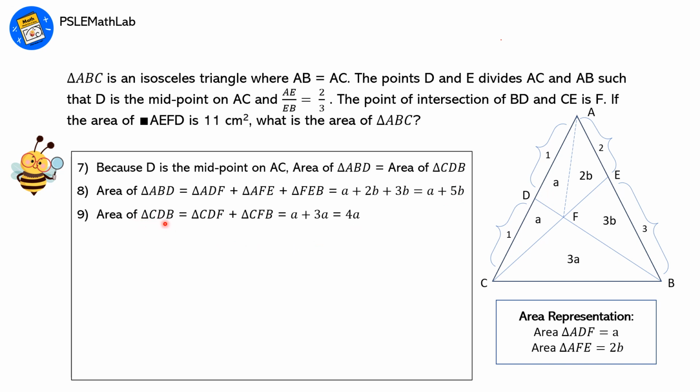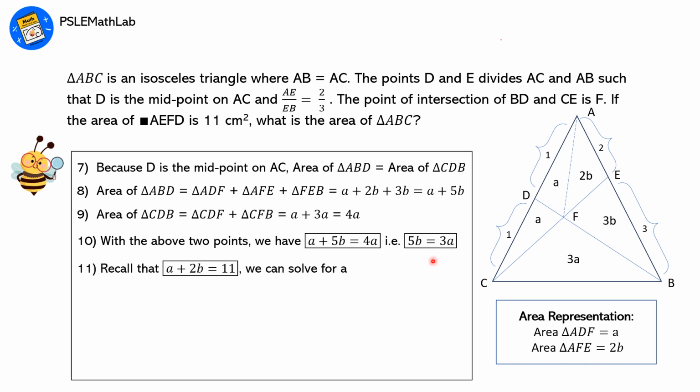What about the area of CDB? From the graph, this area is A plus 3A, which is 4A. With these two points, we have A plus 5B equals 4A. Shifting the A around, we have 5B equals 3A.